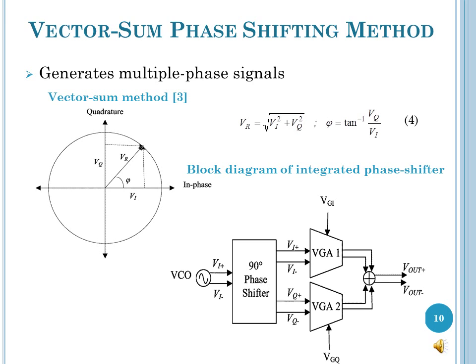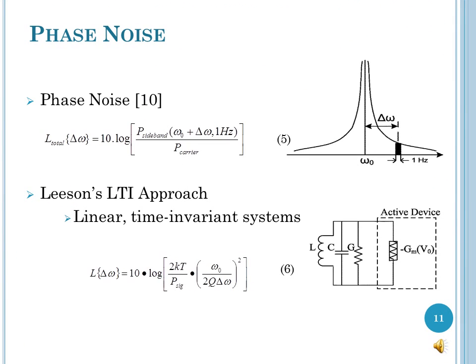The VCO generates a signal which is passed through a 90-degree phase shifter to provide quadrature signals. The signals are then combined together by adjusting their gains using variable gain amplifiers. In this research, the 90-degree phase shifter was implemented using a Lange coupler, and the variable gain amplifier was based on Gilbert mixer topology.